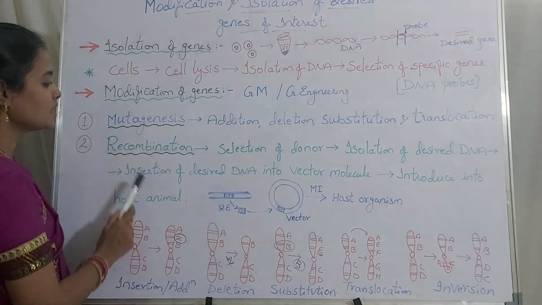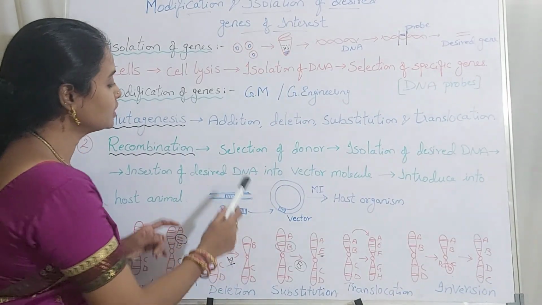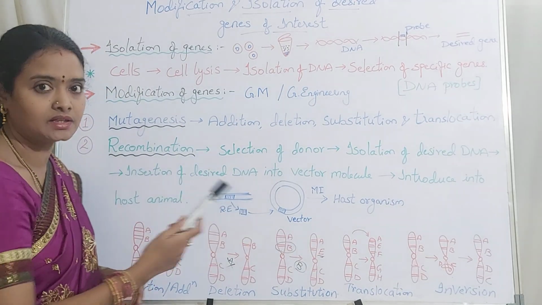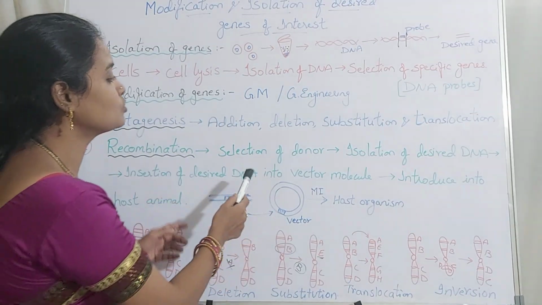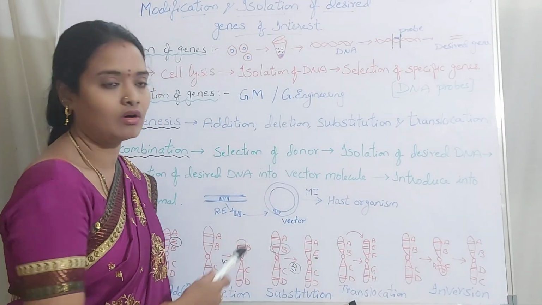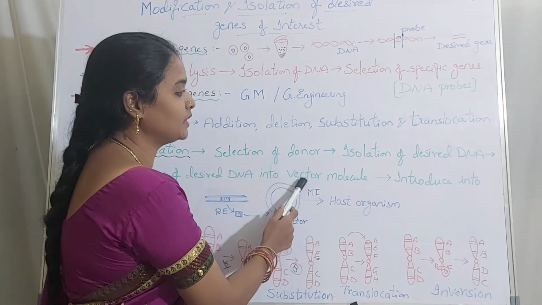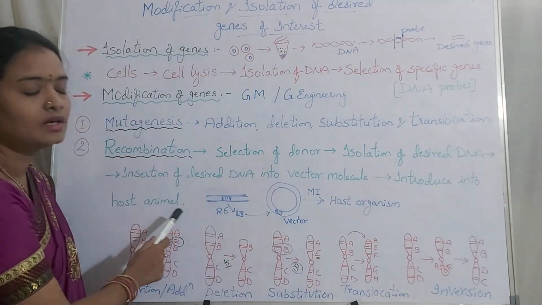Then it is insertion of the desired DNA into the vector molecule. So here you are not introducing it directly into the animal, but you are making use of a vehicle, that is the vector molecule or the carrying vector. Then this carrying vector will be indirectly introduced into the host animal.